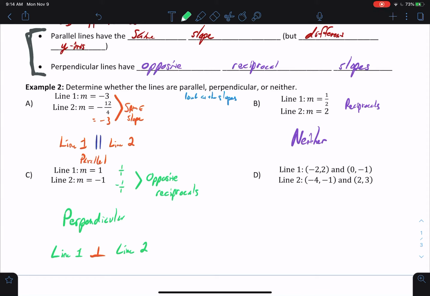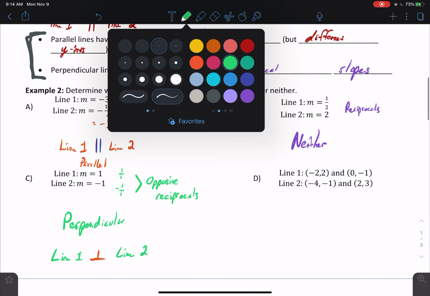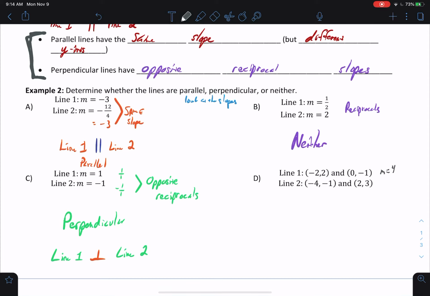All right, and then last but not least, we have part D. I'm telling you 2 points that the line goes through. So we are going to need to use our slope formula to calculate what the slope is. All right, so first off, I'm going to do line 1. My slope is going to be negative 1 minus 2 over 0 minus negative 2, which is going to be negative 3 over 2.